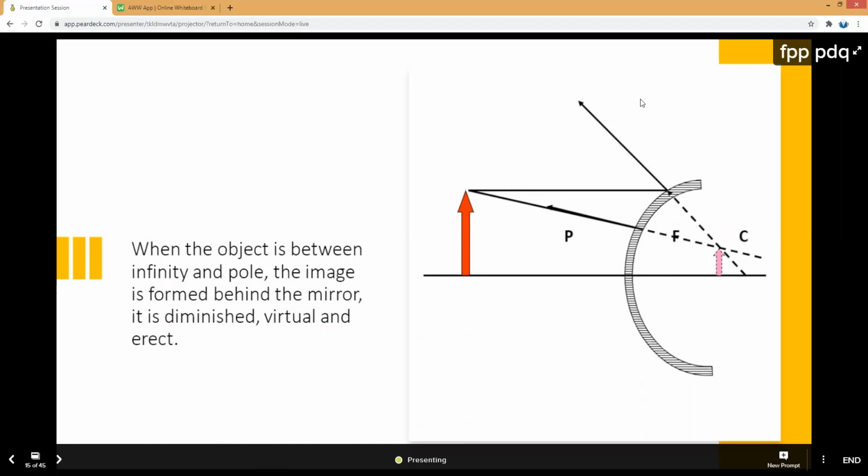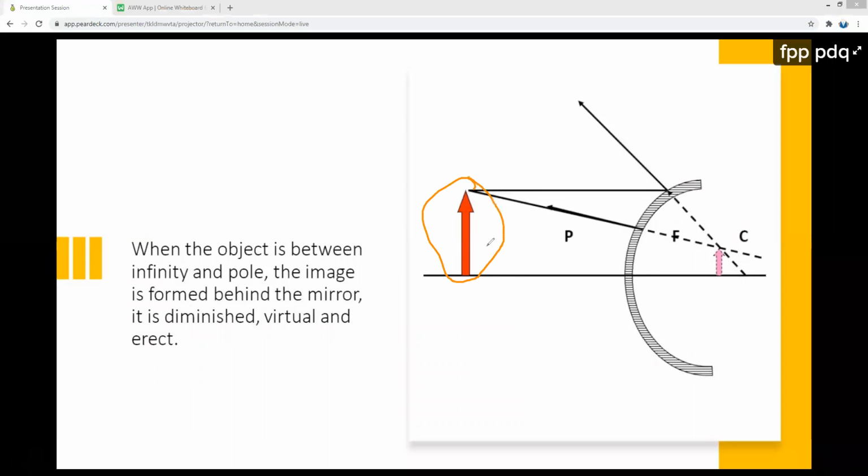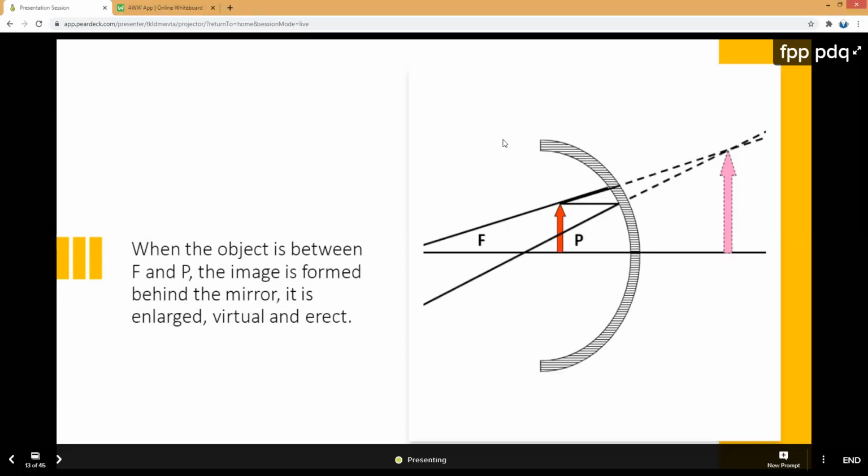For example, your object is coming over here in the ray diagram. I'll take a concave mirror, it'll be easier. So your object is here, right?